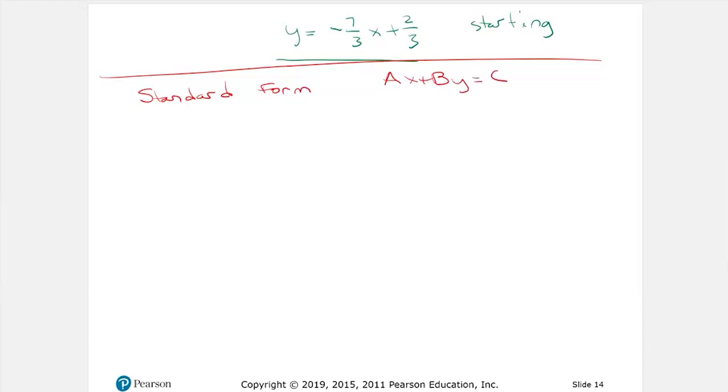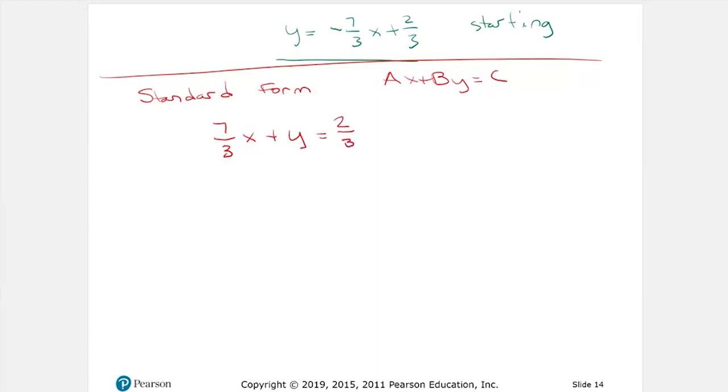So if I look at that, what I first have to do is get my x and my y to the same side, and then the other side of the equation is just c, which is a constant. So I'm going to add 7/3 x to both sides, and I get 7/3 x plus y is equal to 2/3.